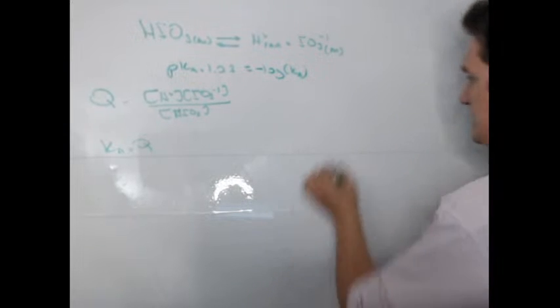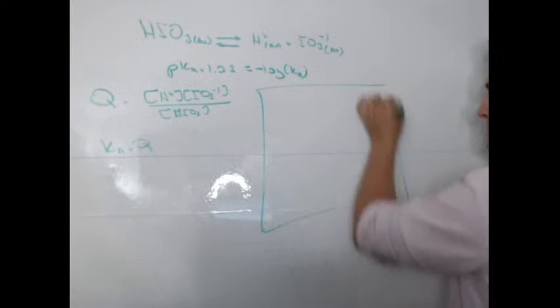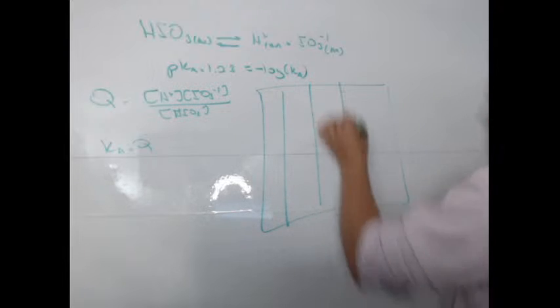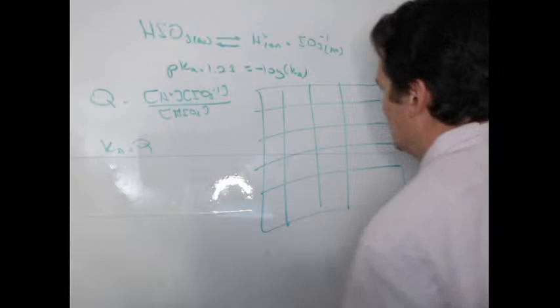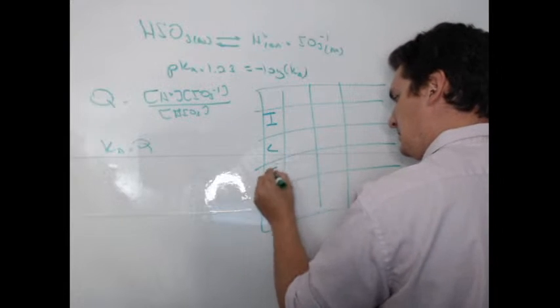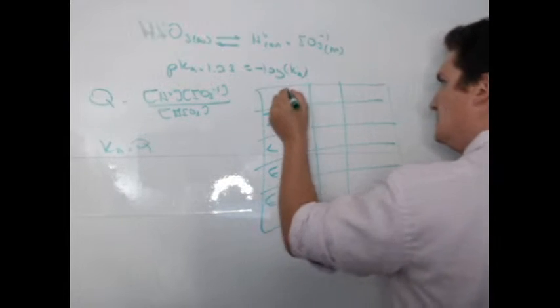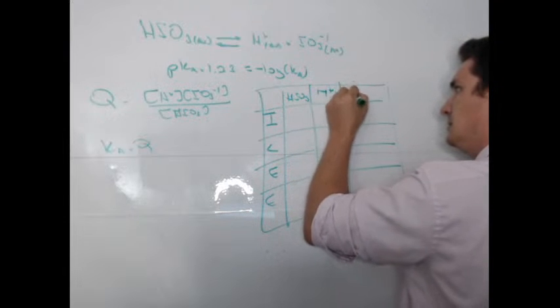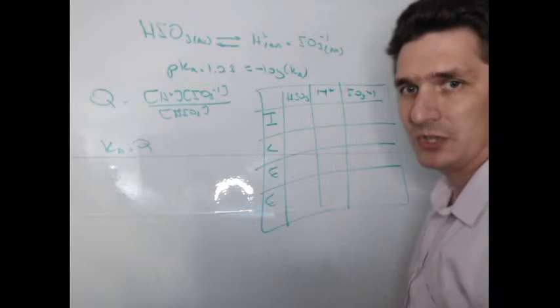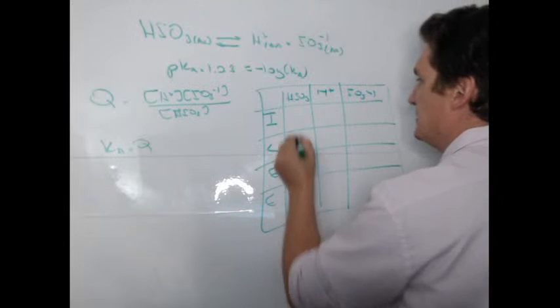So the pKa here is the negative log of the Ka. So let's set up our IC table. We're given a starting concentration of 0.150.